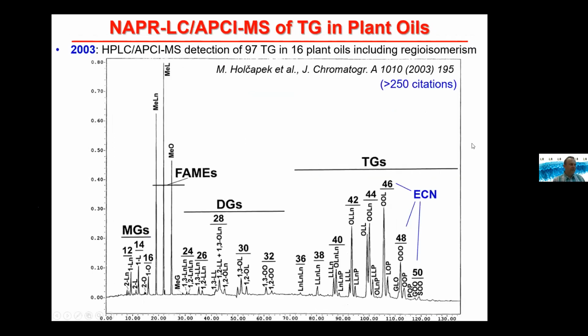esters. A few years later, we continued further, and we separated many isobaric tri- and diacylglycerols according to these ECN values. But if you see the analysis time, almost 2 hours. This is something unbelievable from our current perspective, because nowadays we can do the same within 20-25 minutes.